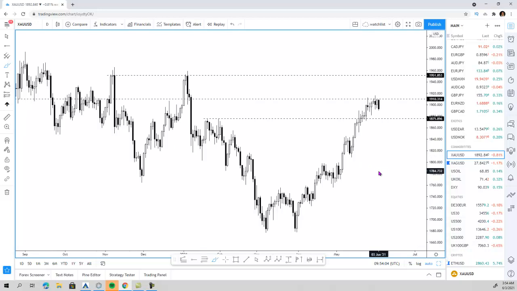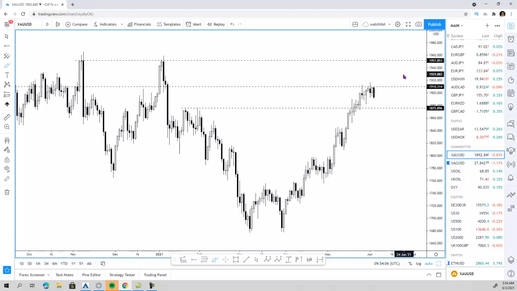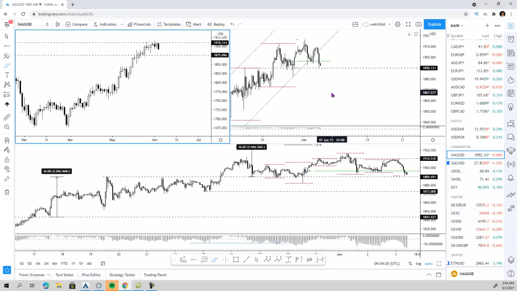On the daily, just looking at technicals, this looks extremely bearish. Today's daily candle looks super bearish, but we are going to keep on with our bullish bias. Why?